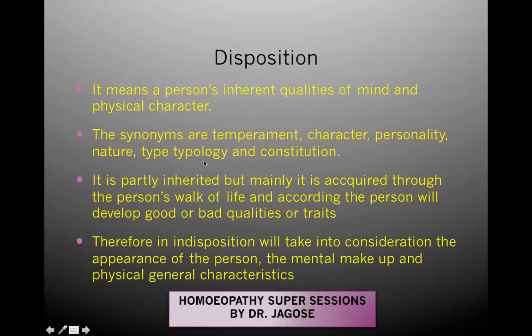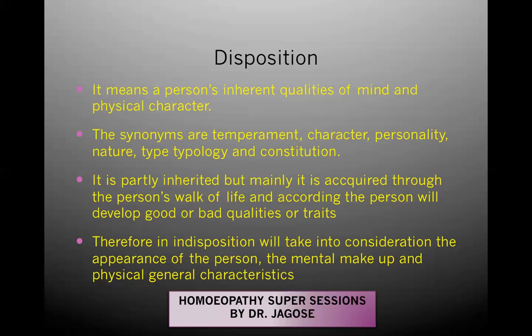Now, disposition is only partly inherited. Please remember that, as compared to predisposition, which is fully inherited, disposition is only partly inherited, and it is mainly acquired through the person's walk in life, and accordingly the person will develop good or bad qualities or traits.